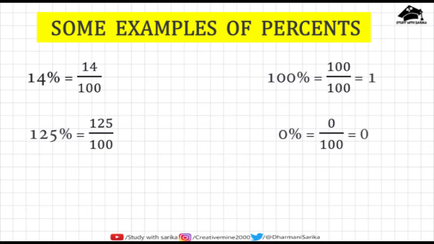So mark this also: percentages can be greater than 1 or lesser than 1. But most of the time you will come across situations where the percentages will be less than 1. Okay, so this was for what percentages are.